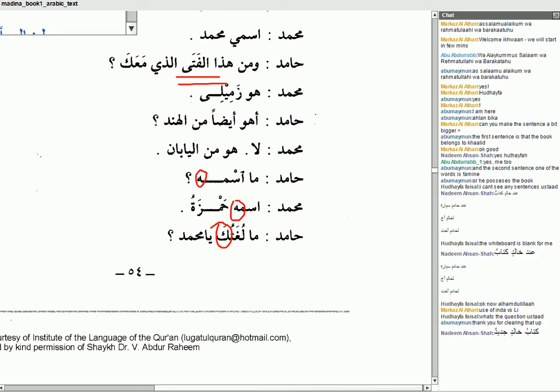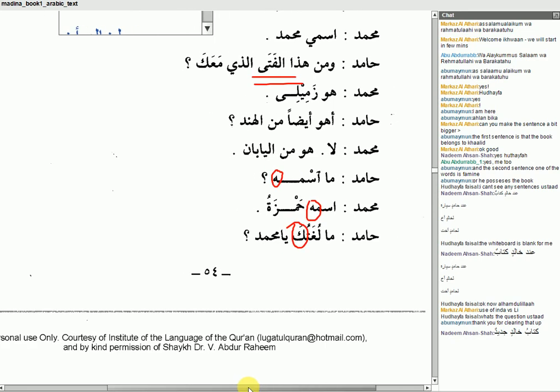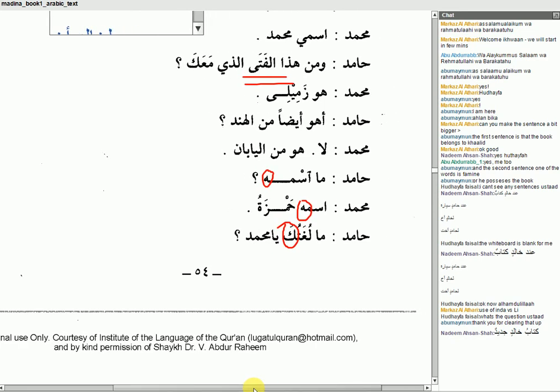Khalidin, what is it? Quite clearly, Khalidin is mudafun ilayhi. And Jadidun is giving us information about Khalid's book. What about Khalid's book? It's new. Aha. Okay, great.